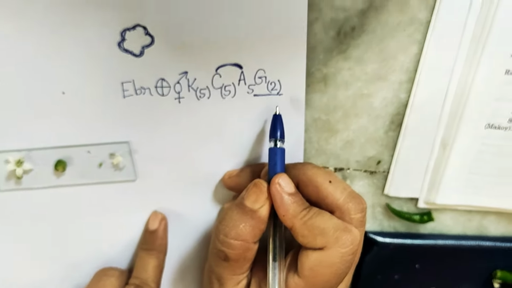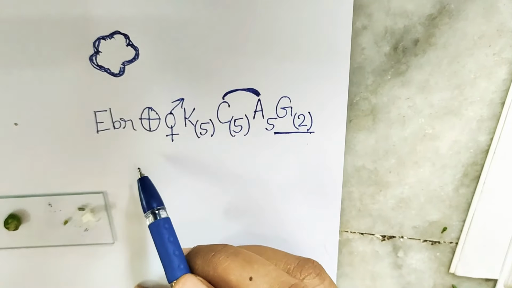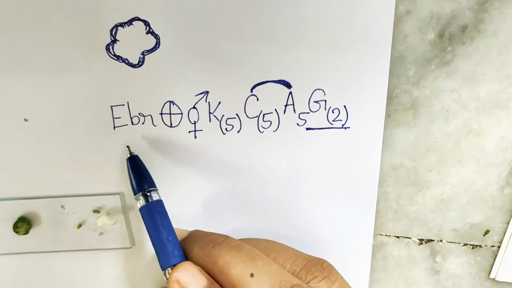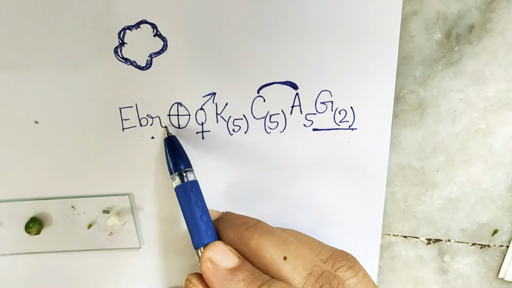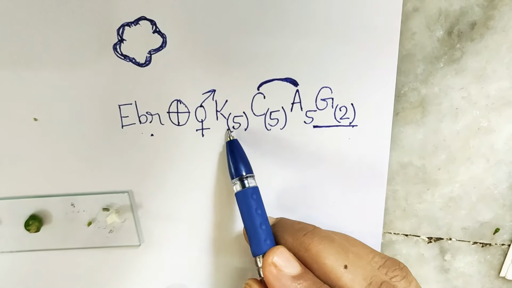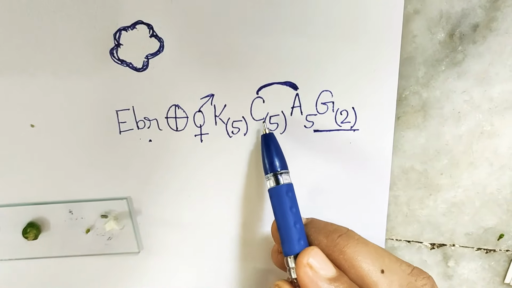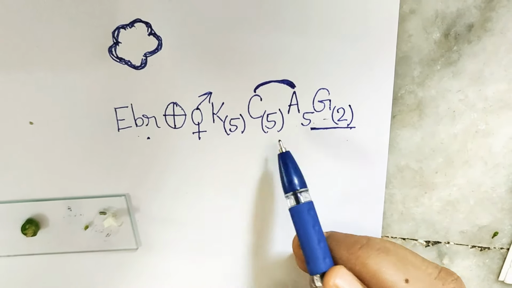So this is the floral formula of any family. We have done the Solanaceae family today. So the Solanaceae family floral formula is this: EBR, without bract. Then this is an actinomorphic flower, bisexual flower, calyx 5 in number, gamosepalous, corolla 5 in number, gamopetalous, androecium 5 in number, but they were free from each other.